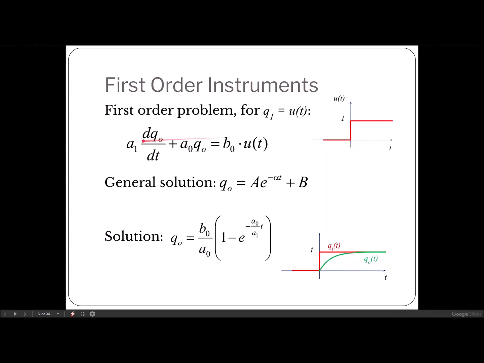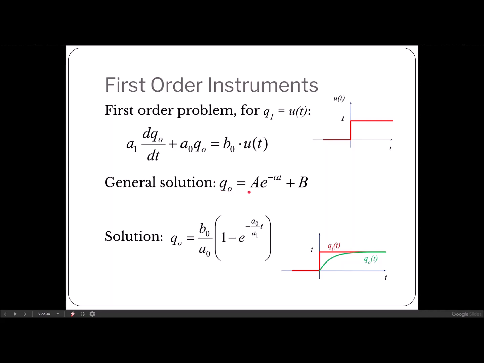If you give a constant input, this is just a simple differential equation. You can calculate the Q naught easily. How do you do it? Using Laplace transform. I will not discuss Laplace transform here. You know about Laplace transform, but using it you can solve this equation, and this will be the output.